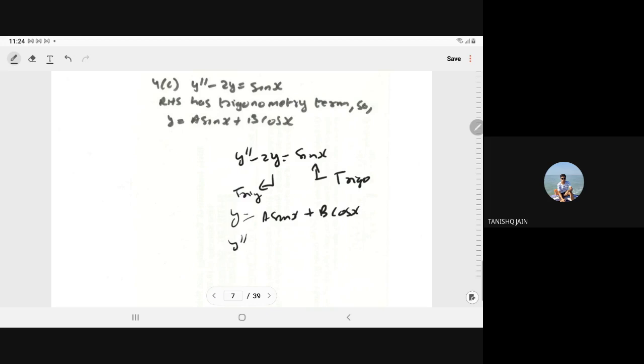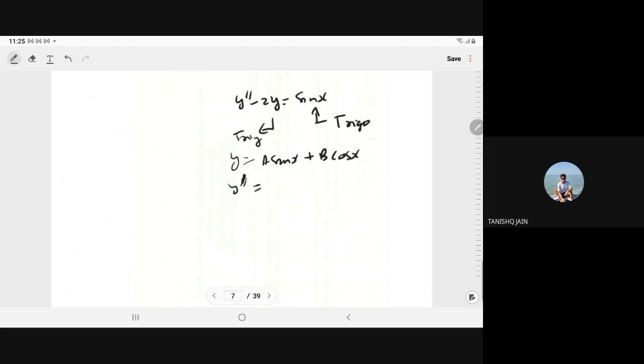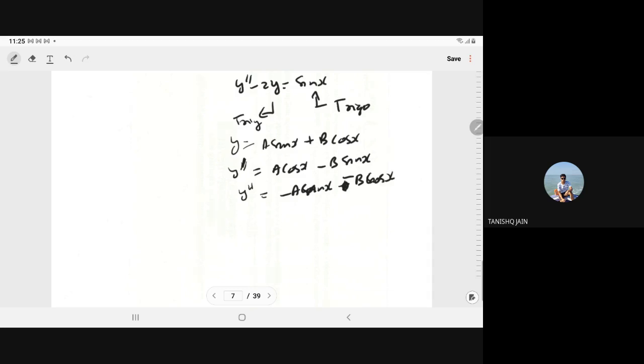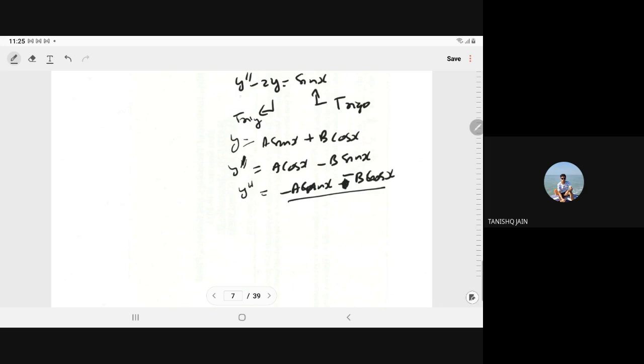So y dash will be a cos x minus b sin x, and y double dash will be minus a sin x minus b cos x. So when we put this value here and this value here and compare on both sides the coefficient of sin x and the coefficient of cos x, you will get the values of a and b. So that will be the solution.